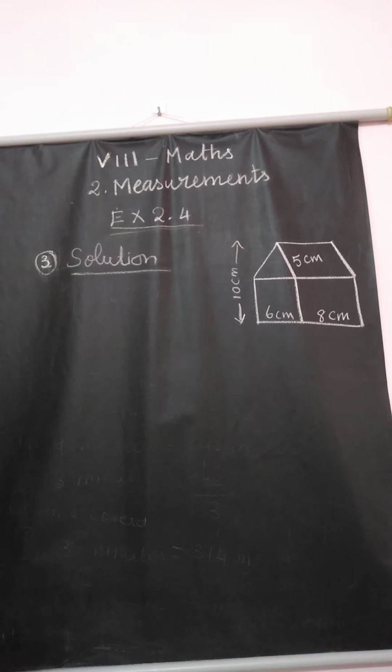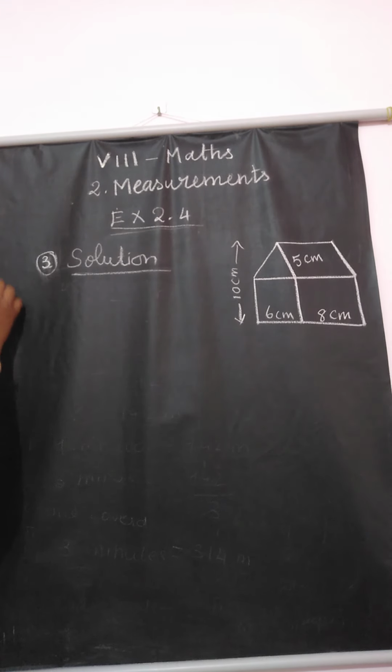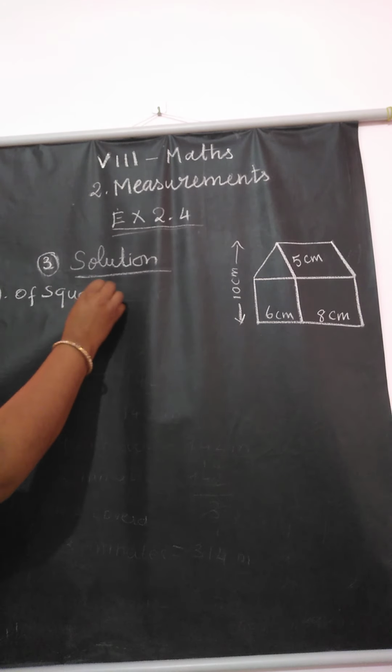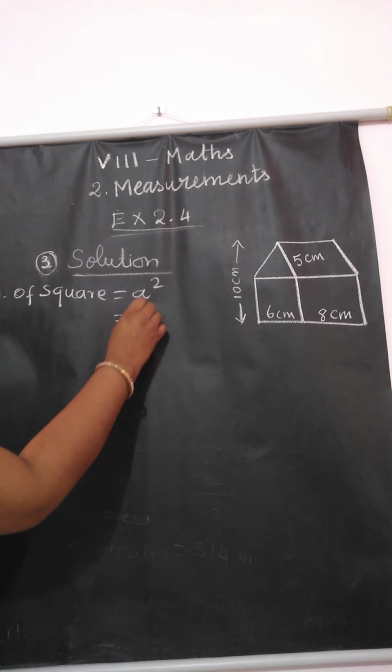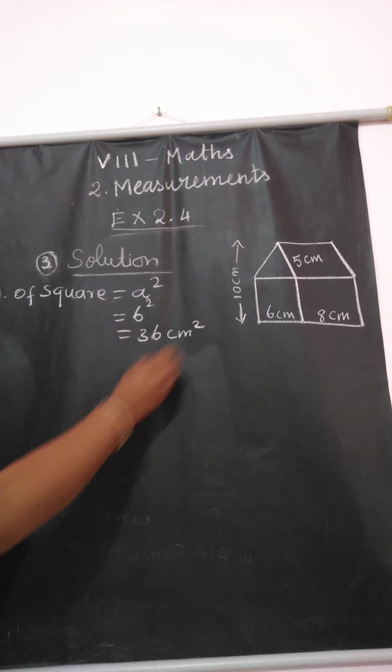So we are going to identify the area of each figure. First I am going to identify the area of the square. The formula is a squared. Here the side is 6, okay? So 6 squared is 36 centimeter squared.